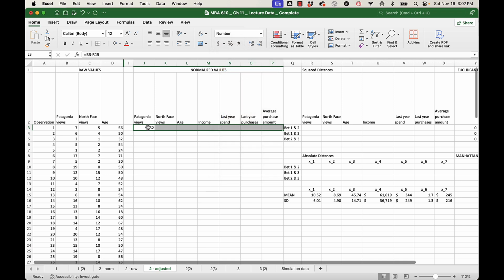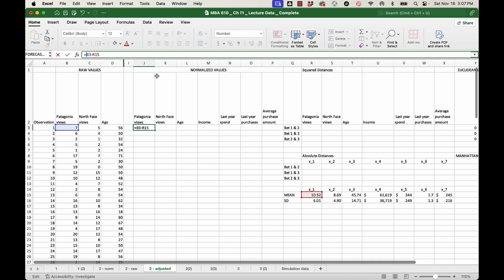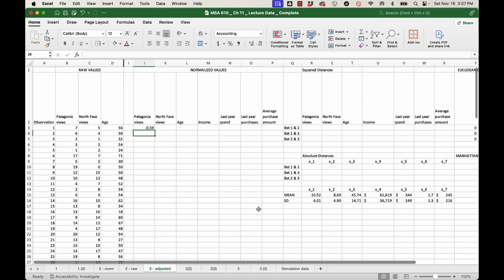So they had fewer Patagonia product views than average. I'm going to place this in parentheses, and I'm going to divide it now by the standard deviation. And so person one was about a half a standard deviation below average with regard to the number of Patagonia products that they viewed.